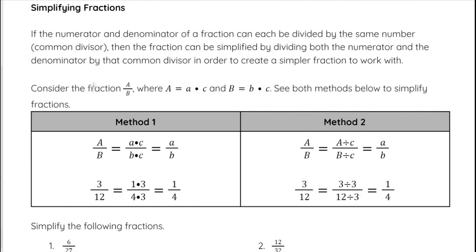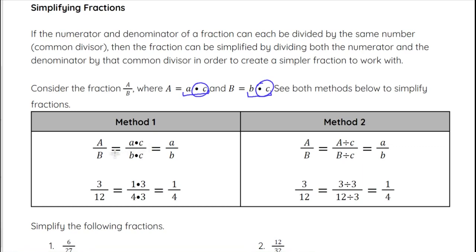Consider the fraction capital A over capital B, where capital A is some number times C. Capital B on the bottom is represented by some number times C as well, meaning that C is a common factor of each A and B. It is a common number that can be divided into A and B.